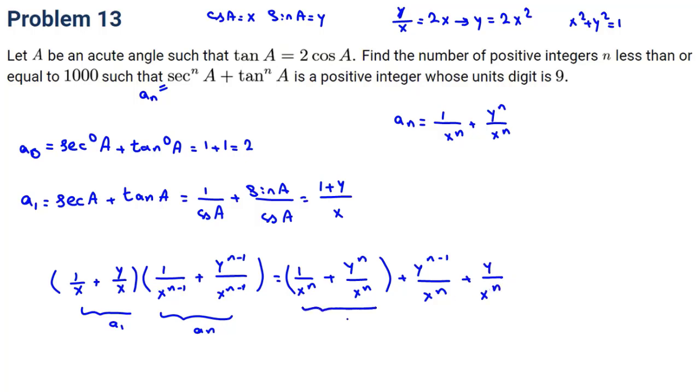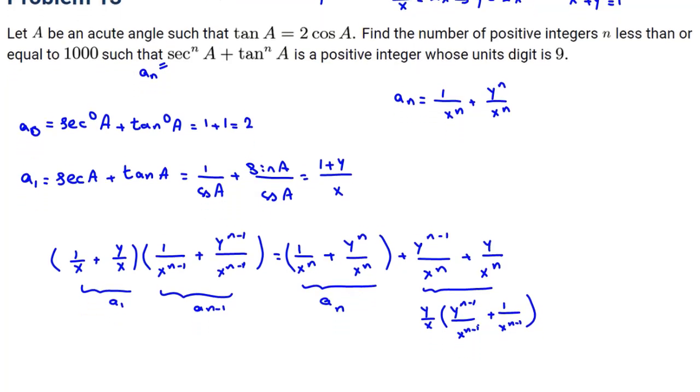And this part we know is an. Sorry, here is a_(n-1) is an. And this part is what? We can factor from y over x, then it will be y^(n-2) over x^(n-2) plus 1 over x^(n-2).